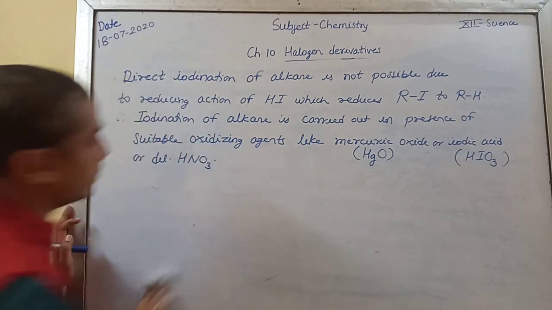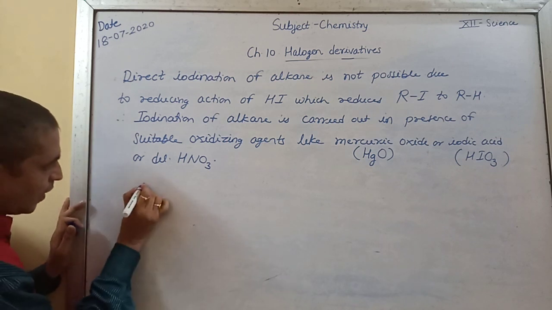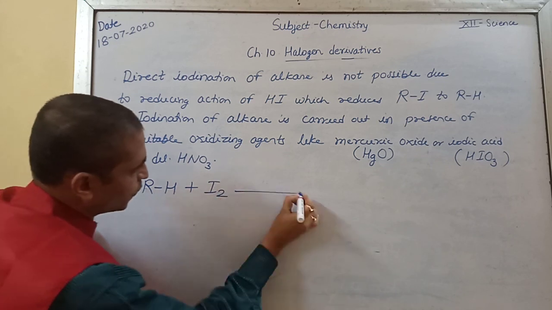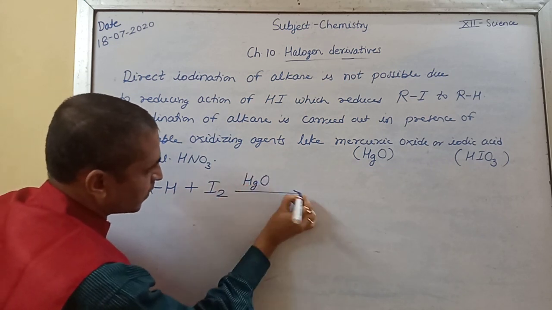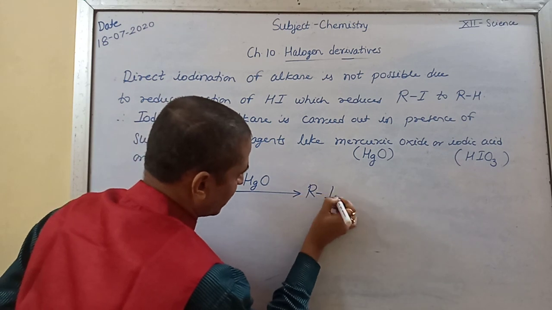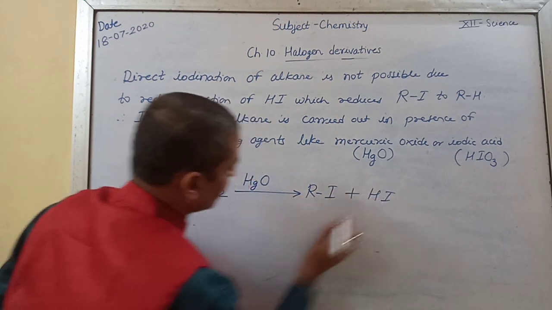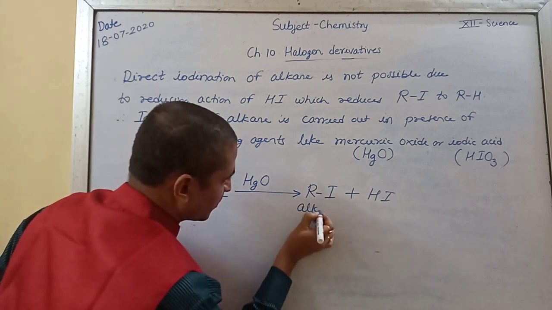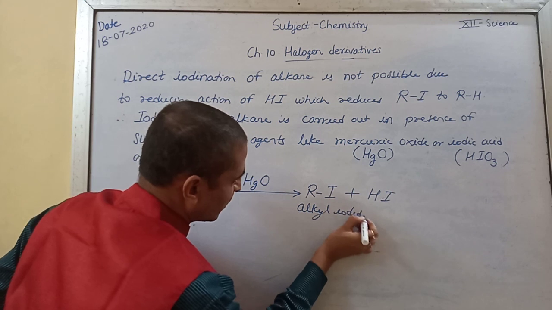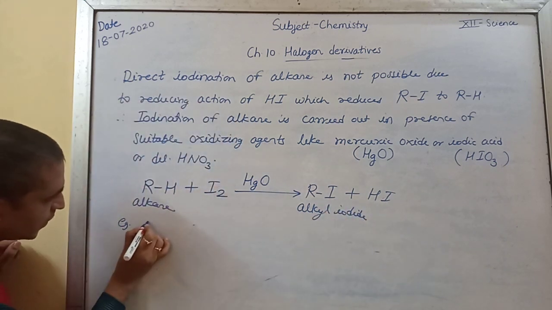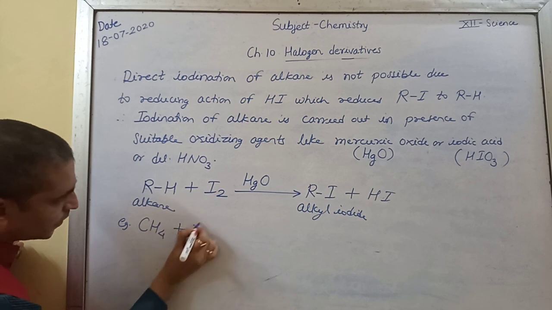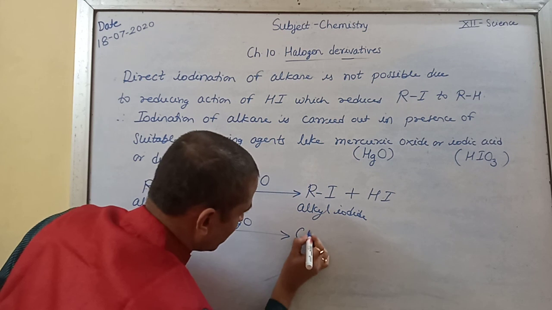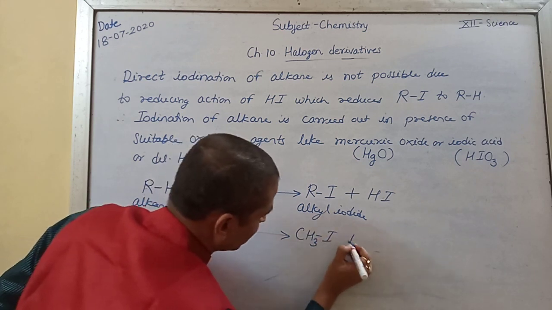So this reaction can be written as RH plus I2. Here put mercuric oxide, you get RI plus HI. Alkane, alkyl iodide. The example can be written as, again take methane plus I2, HgO, you get CH3I plus HI.